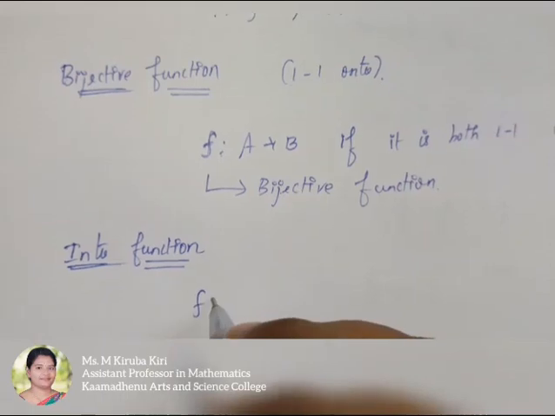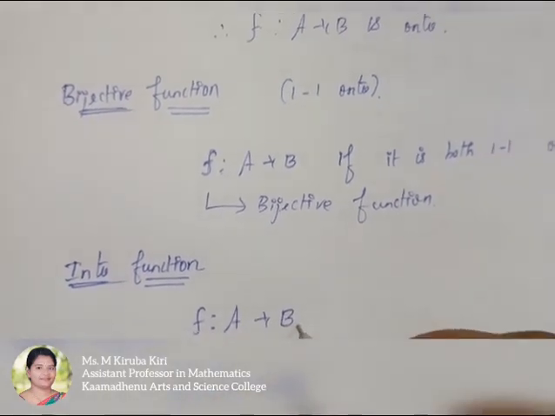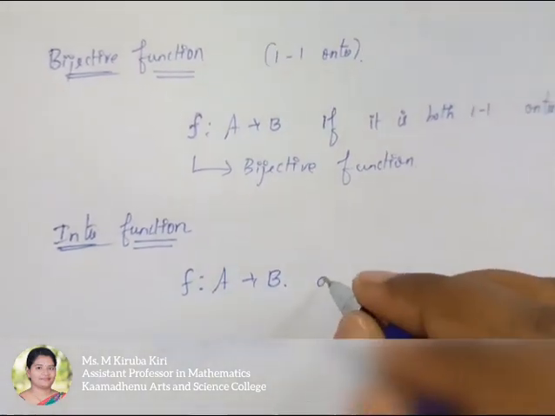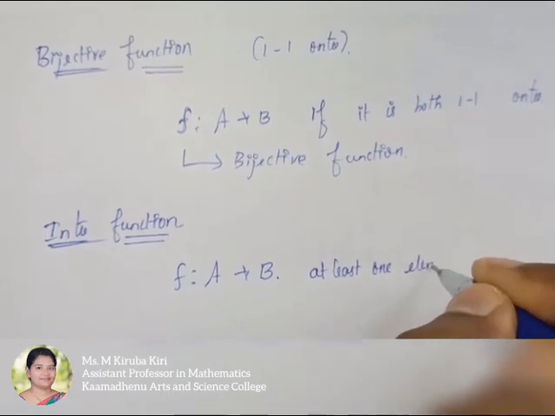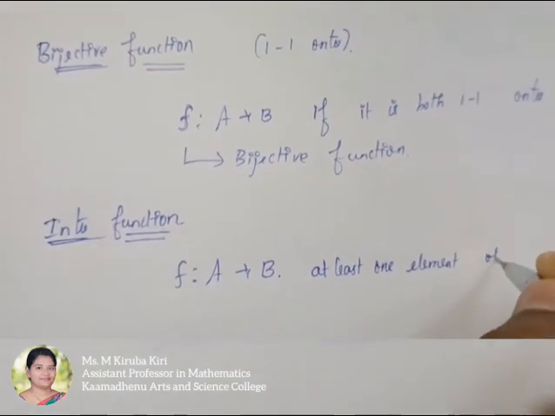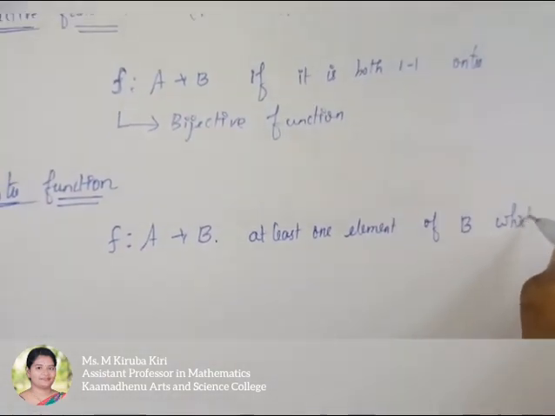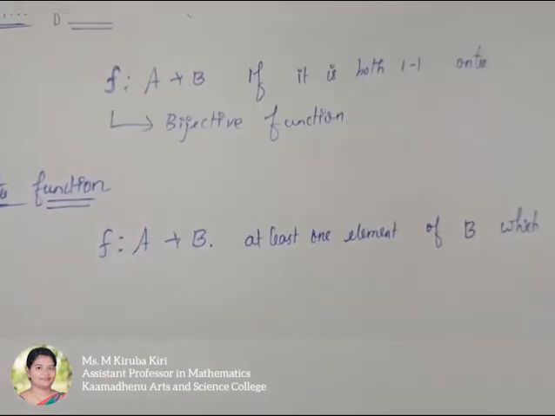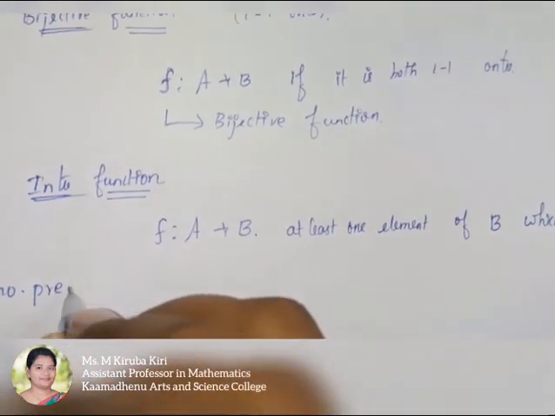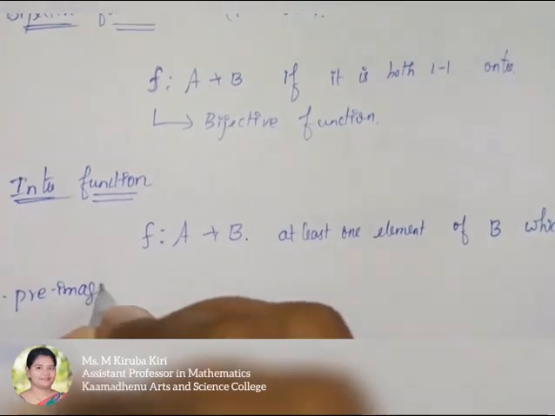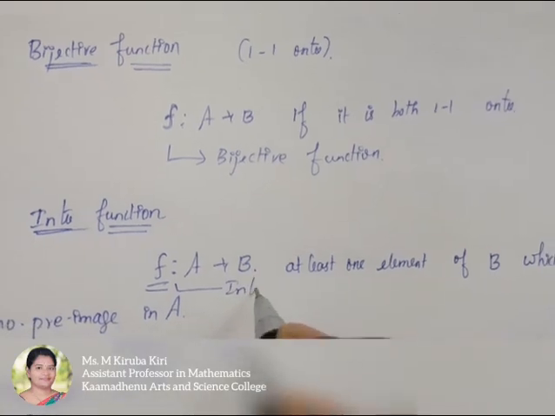A function f mapping from A to B is said to be into function if there is at least one element of B which has no preimage in A, then f is known as into function.